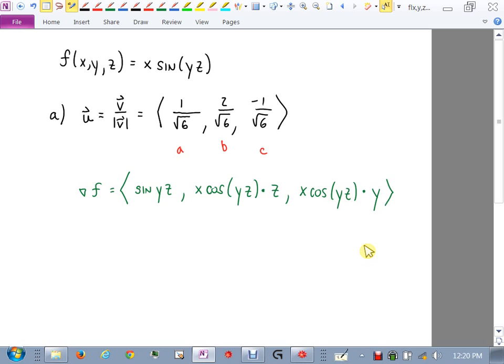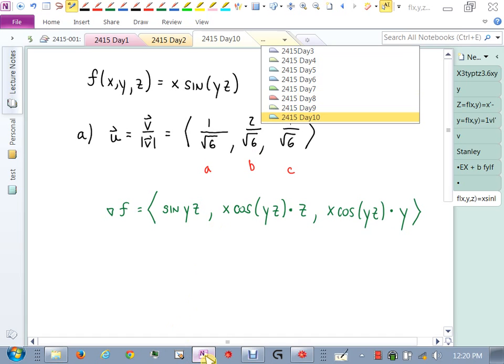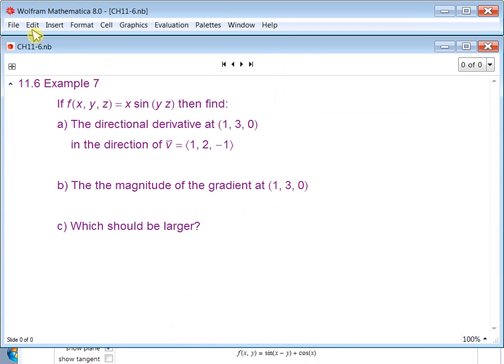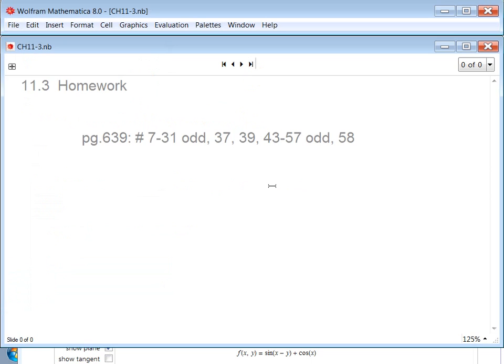No, 11.3. So we're talking like 3 sections ago. What was the homework for 11.3? Does anyone have it written down? It's probably in my notes if I bring it up. 7 through 31 odd. That's all partial derivative problems.